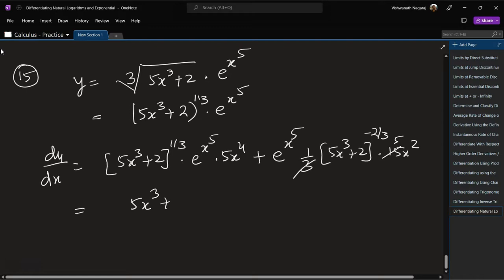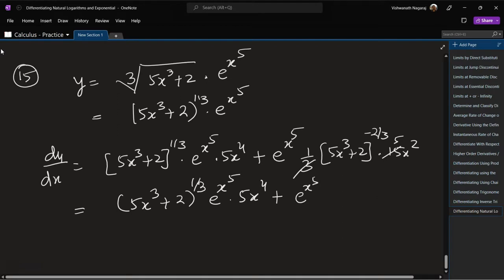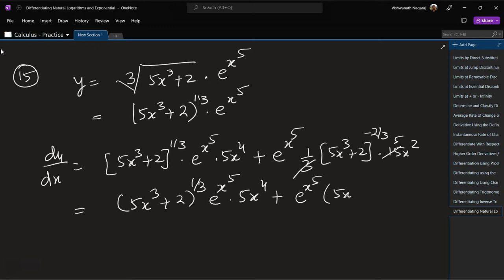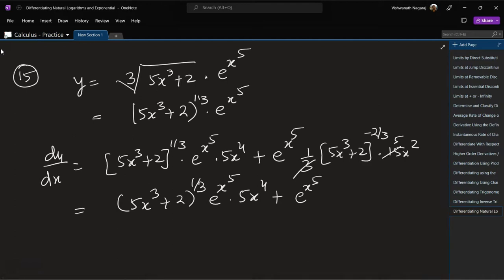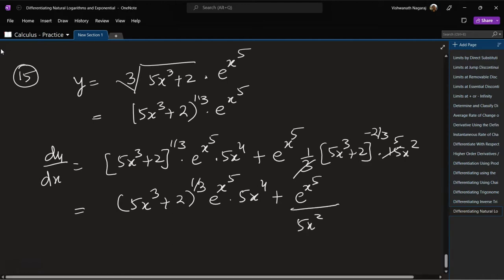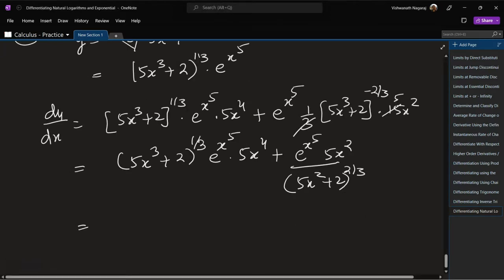5x cube plus 2 to the power of 1 by 3 e to the power of x to the power of 5 times 5x, whole, plus e to the power of x to the power of 5 times 5. No, the exponent is negative, so 1 by 5x cube plus 2 to the power of 2 by 3, and we have 5x square. Let's take out whatever is common.